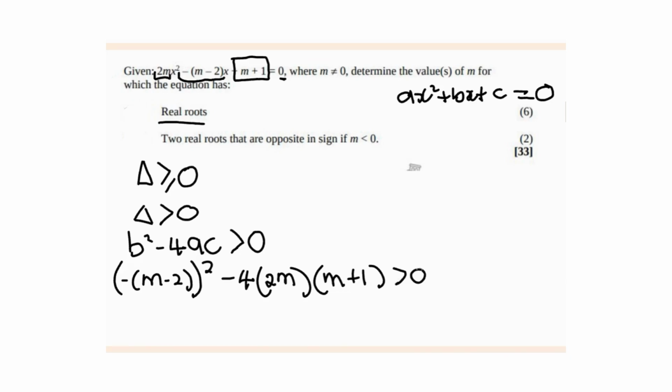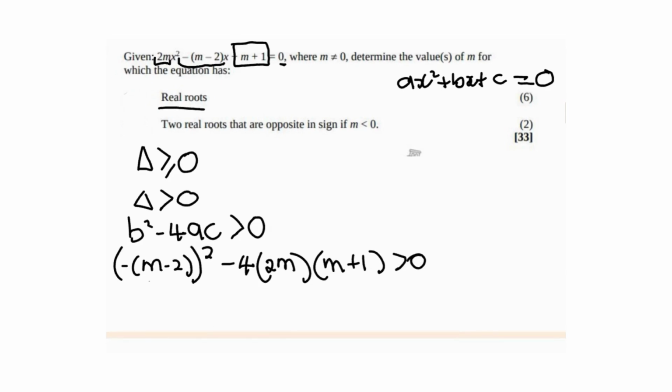It's greater than 0. So I'm just going to multiply in the exponent 2. Remember, guys, an exponent removes the negative, so I'm just going to have m minus 2 squared. This is from the fact that when you have negative 2 squared, the answer is positive 4, not negative 4.